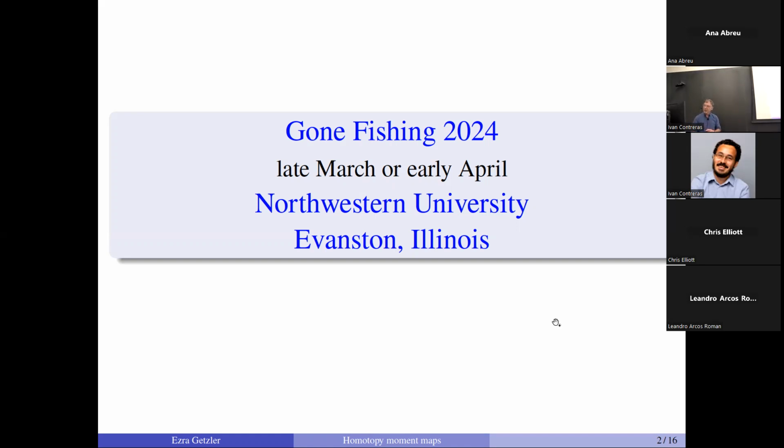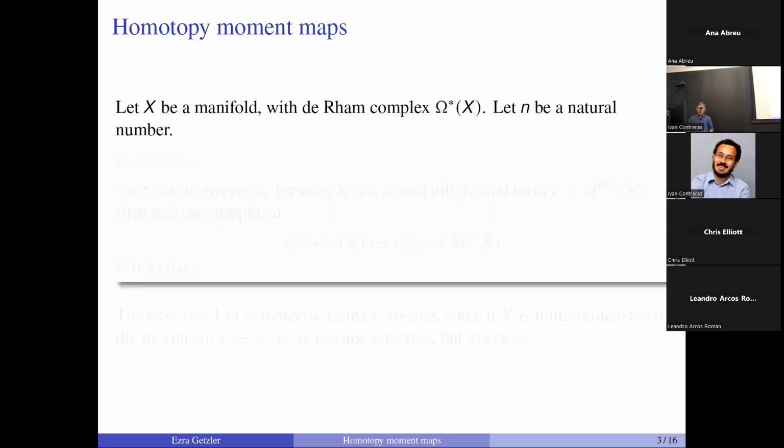Okay, good. So we're going to talk about n multisymplectic manifolds. We have a natural number n. This will be the dimension of the world sheet. In ordinary mechanics, it's 1. And in Chern-Simons theory, it's 3.